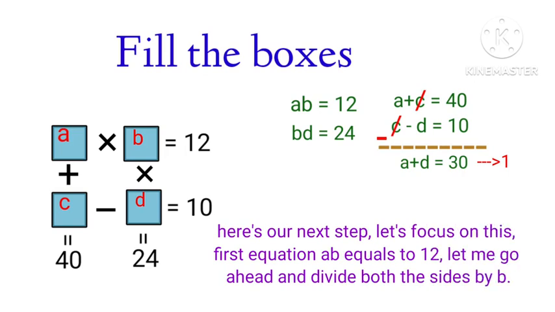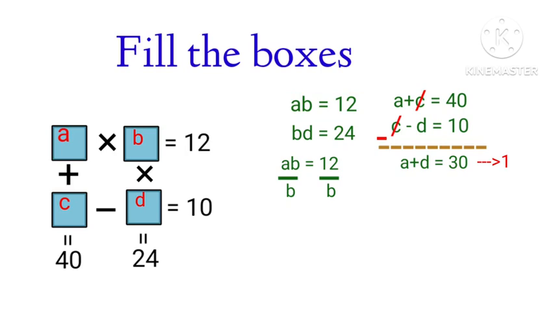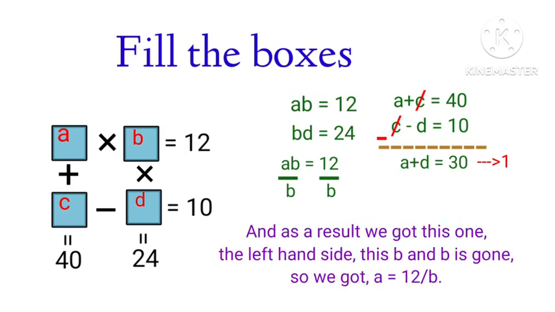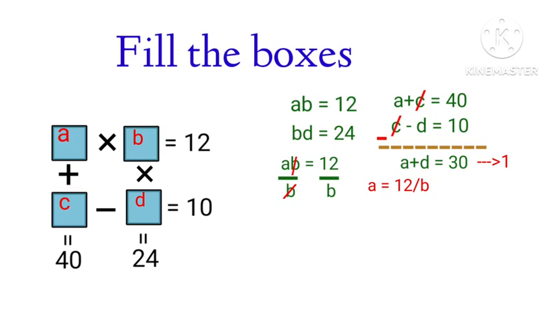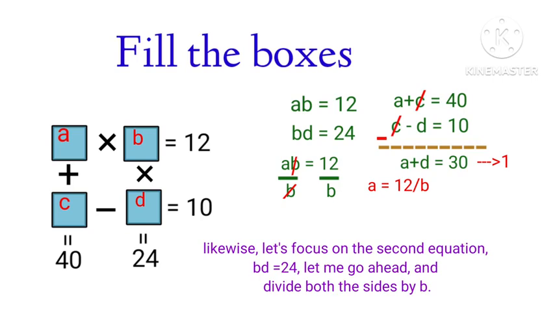Here's our next step. Let's focus on this first equation, AB equals 12. Let me divide both sides by B. As a result, we got this one. On the left hand side, this B and B is gone, so we got A equals 12 divided by B. Likewise, let's focus on the second equation, BD equals 24.